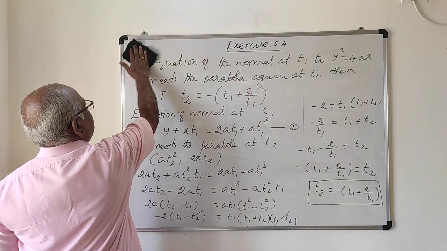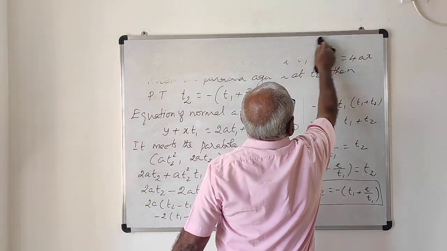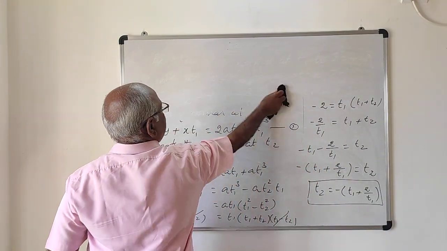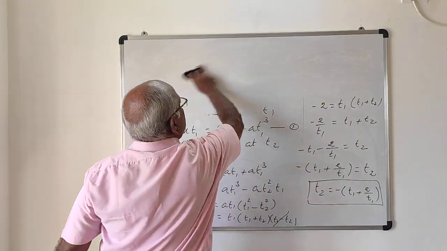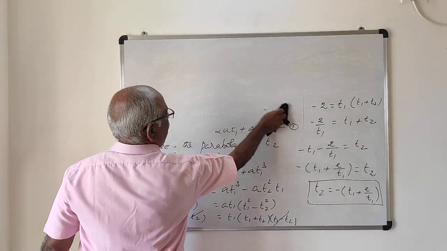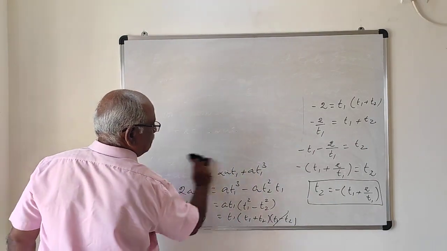Shall I erase this? So, parabola, ellipse and hyperbola, the conic sections are very much used in our real life applications. We will see one by one. That's our next idea.